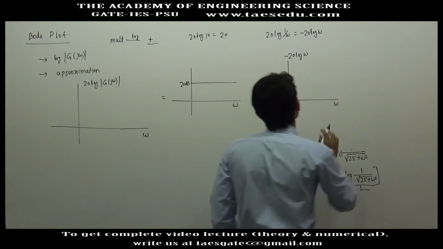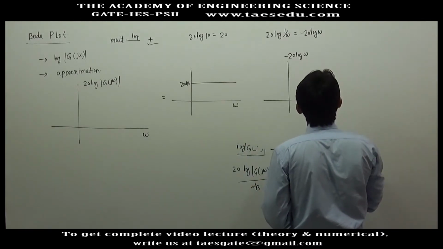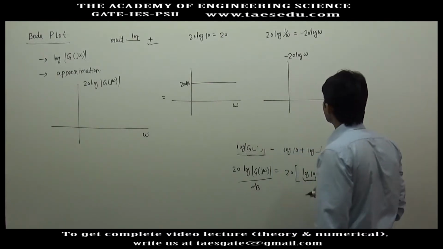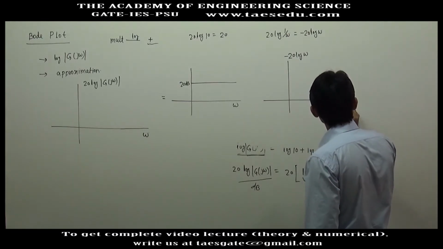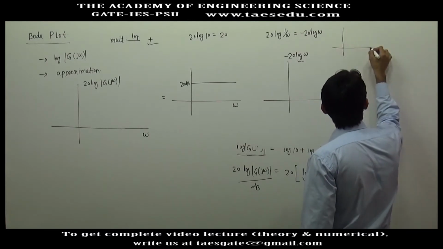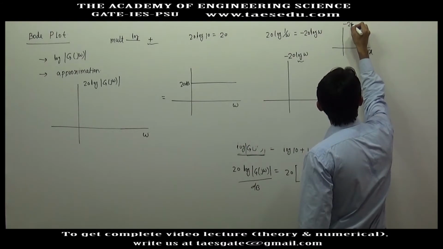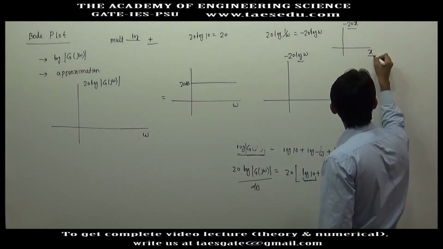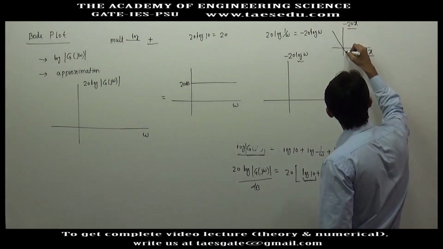So if you plot minus 20 log ω versus log ω, this will give you a linear graph. Here variable is log ω. If on the x-axis we have x, on the y-axis we will have minus 20x. So if you plot minus 20x versus x, you will get a straight line.